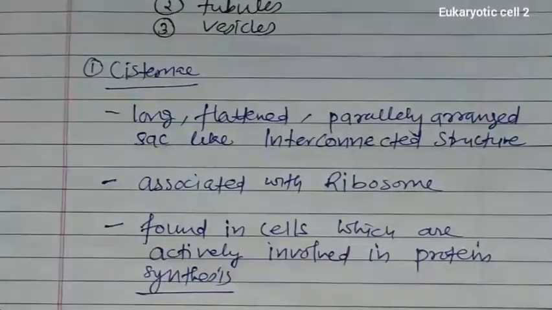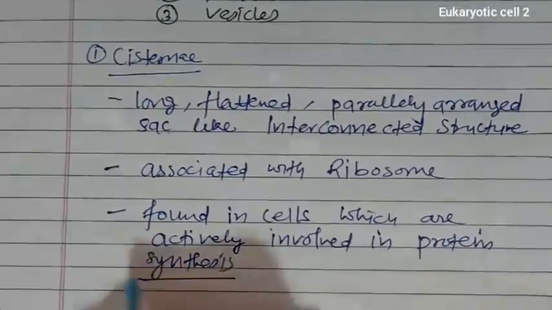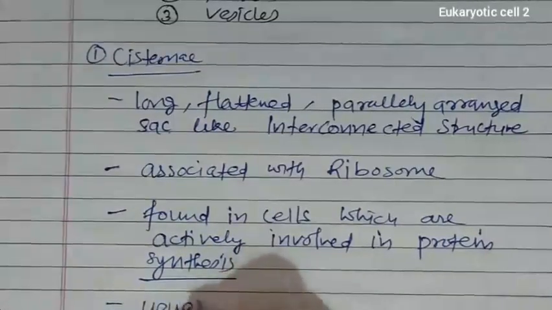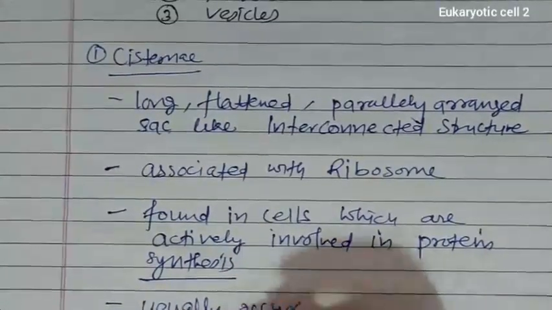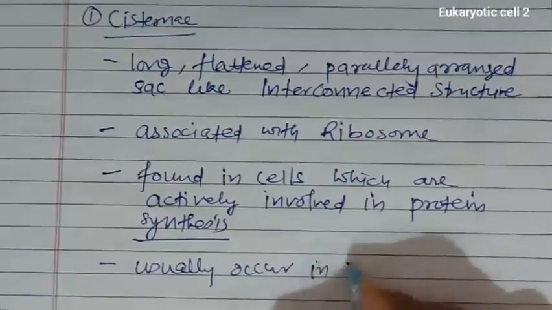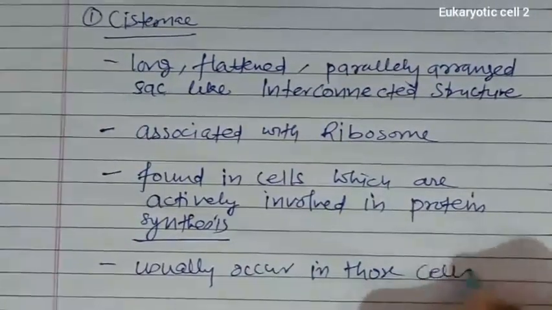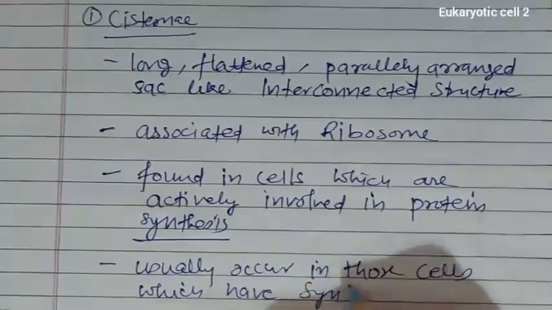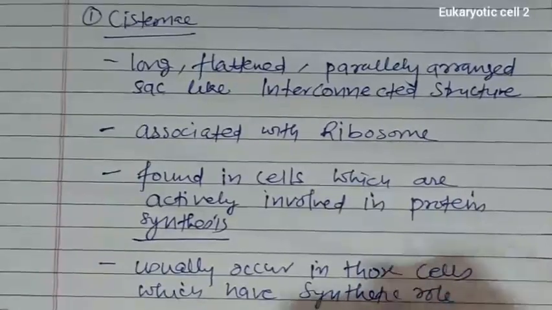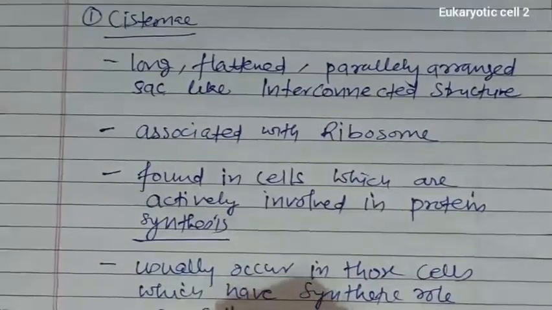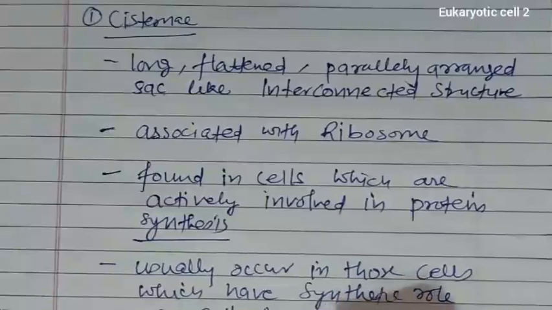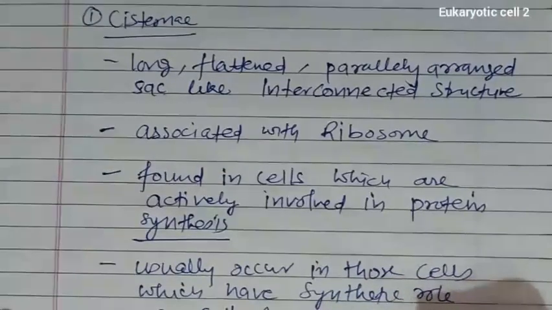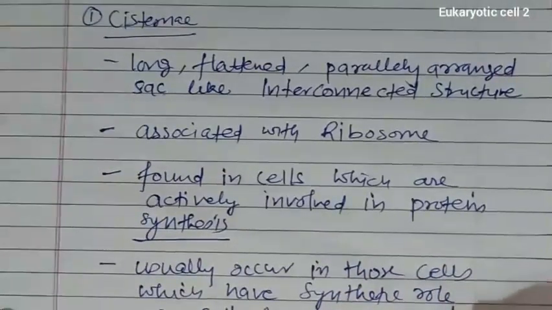Those cells which are actively involved in protein synthesis, in those you will find this cisternae. This cisternae usually occur in those cells which have synthetic role. Example, cells of pancreas and brain.